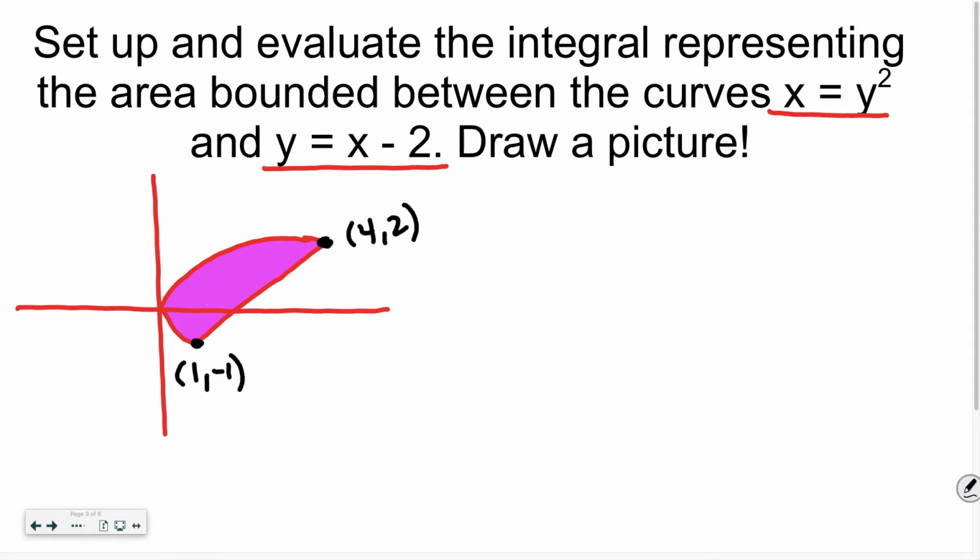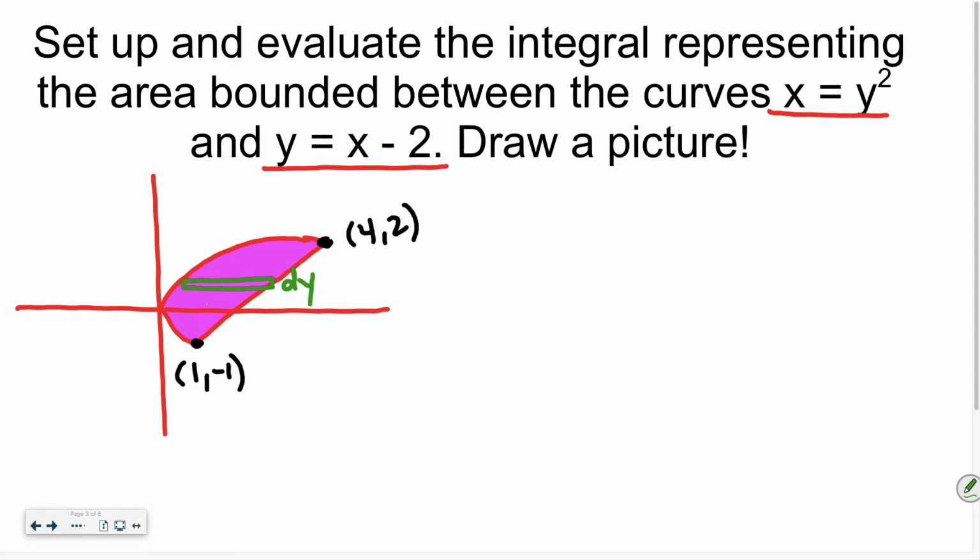Okay, so now what we can do, instead of drawing a horizontal rectangle where our bottom function switches, we can draw a horizontal rectangle with thickness dy.